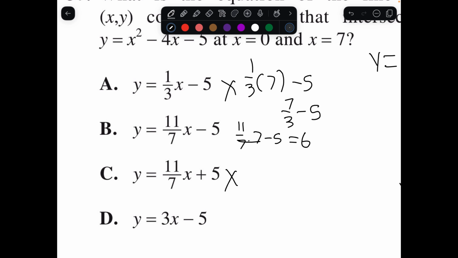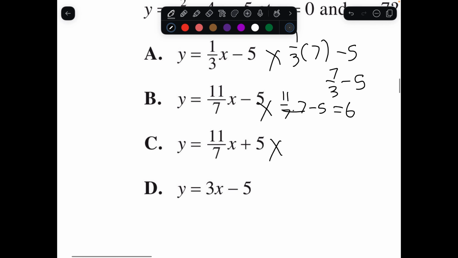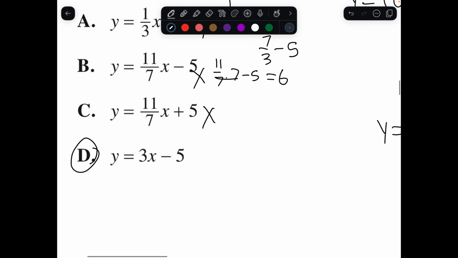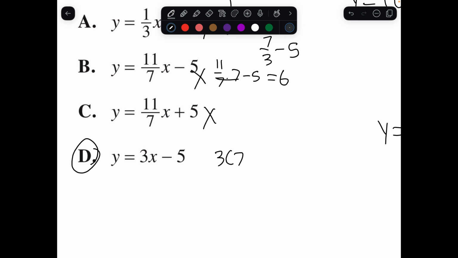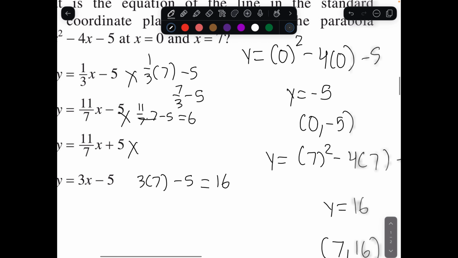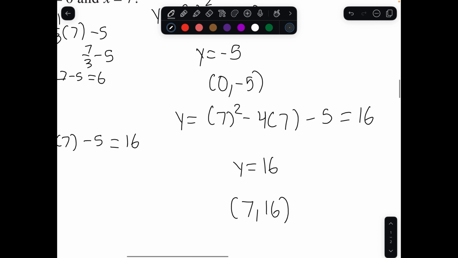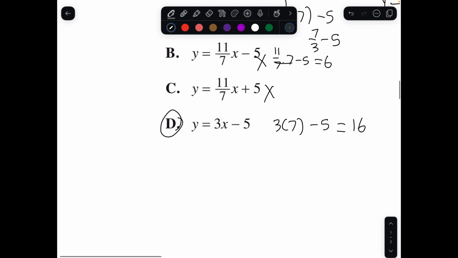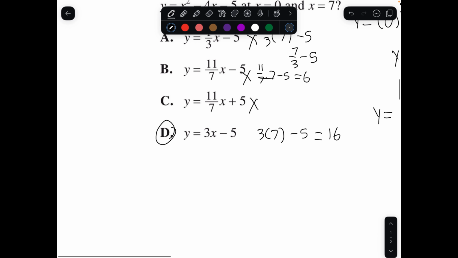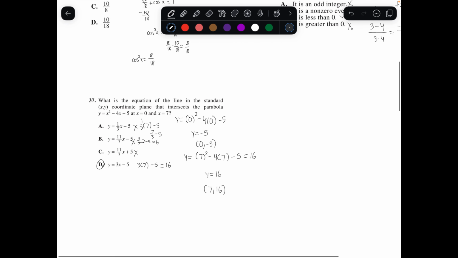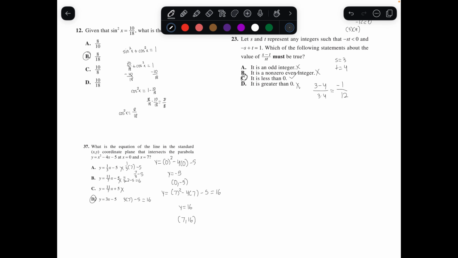Because 11/7 times 7 is 11, and 11 minus 5 is 6, so B is out as well, which means our answer is D. We can just check that. 3 times 7 minus 5 is 16, and that shows us that our answer is D, because we have both the points 0, -5 and 7, 16 on the line y equals 3x minus 5. I hope my explanations made sense, and thank you for watching.